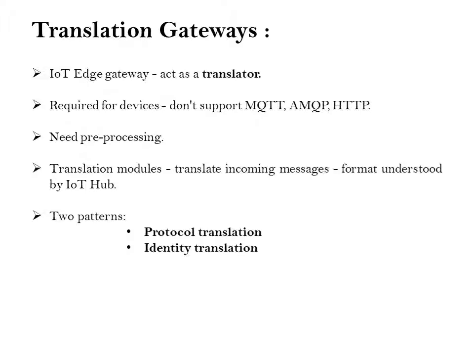Custom or third-party modules that are often specific to the downstream device's hardware or the protocol need to be deployed to the IoT Edge gateway. These translation modules take the incoming messages and translate them into a format that can be understood by the IoT hub. There are two patterns in translation gateways, namely protocol translation and identity translation.